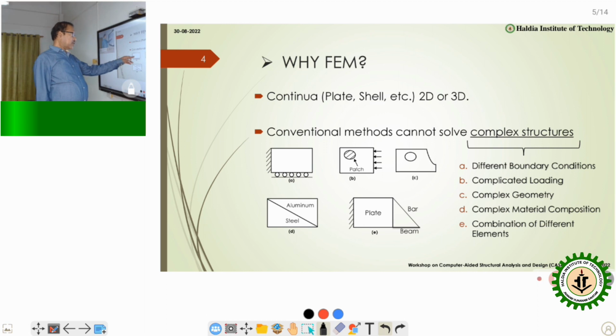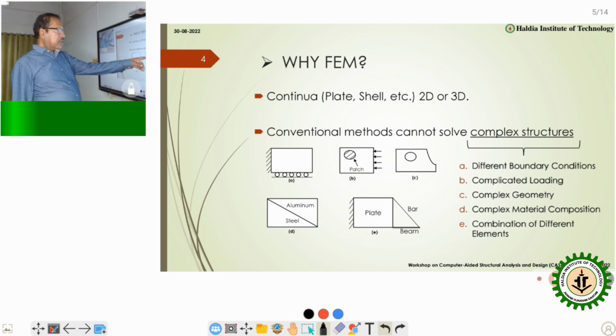Like here, suppose this side of the plate is simply supported, and on another side it is fixed. Next, we can see complicated loading. Now there is an axial loading here, and there is a patch loading here. In that case, the loading pattern becomes complicated. This is not as simple as the case of a beam, or the case of a point load.